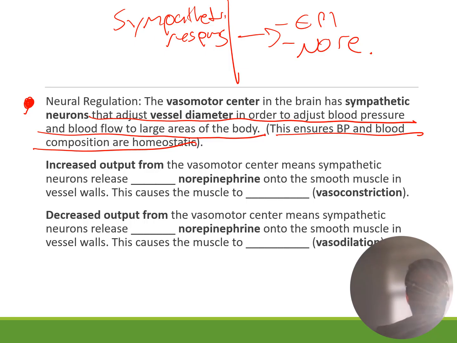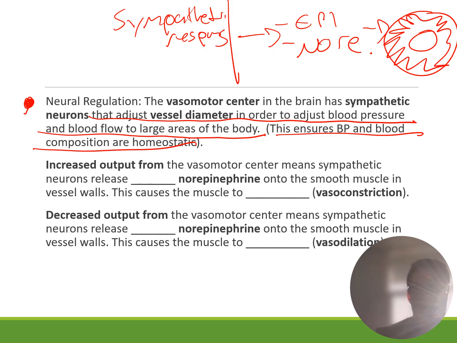And when we increase these, we are affecting mostly the tunica media, which is made out of largely smooth muscle. So when we activate the receptors within that smooth muscle, what do we do? We vasoconstrict.